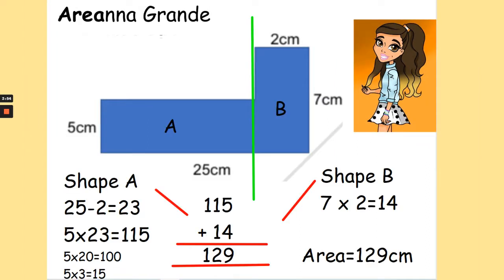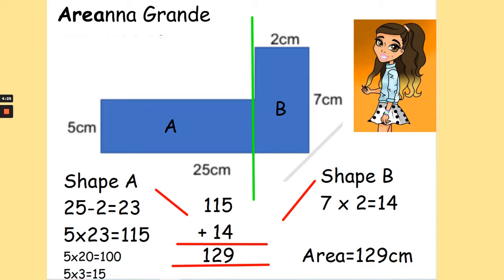So again, I've split it into shape A and shape B. Shape A, as we can see, the longest length at the bottom is 25 centimetres, but we can see the top of shape B is 2 centimetres, and I've cut the shape, so I need to do 25 take away 2 to work out the length of A, and 25 take away 2 is 23. Then I need to work out 5 times 23, if that's a bit tricky. 5 times 20 is 100, 5 times 3 is 15, add them together, you have 115.